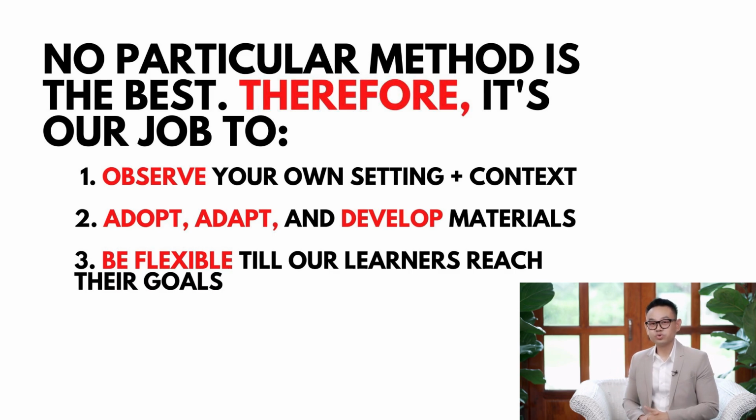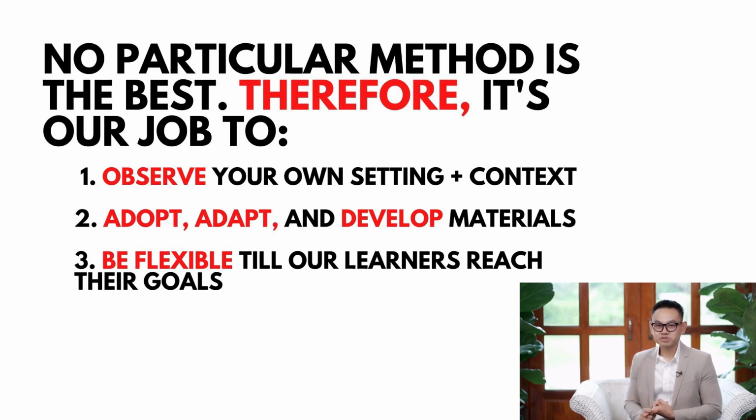Then number 2, once you know your learners, your context, your settings, you have to adopt, adapt, and develop materials. Okay? Adopt, adapt, develop, with 3 letters, A-D-D. You should know how to add materials, right?